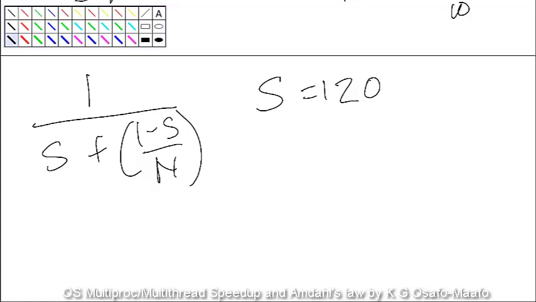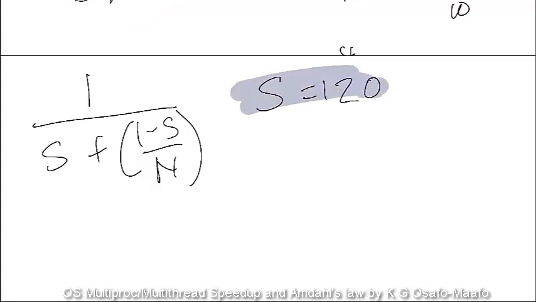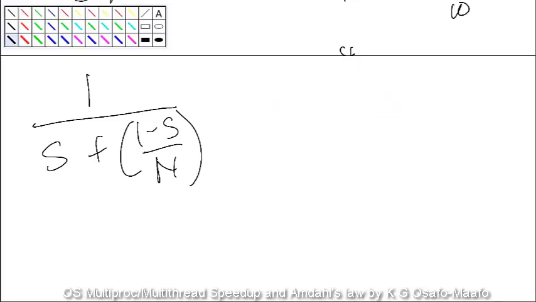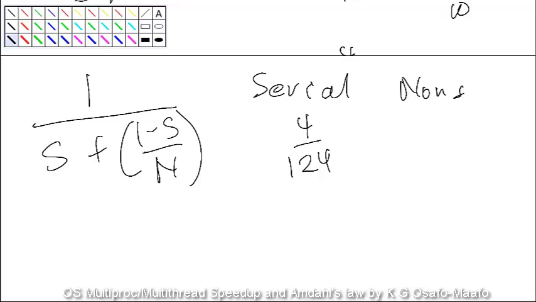Sorry, not 120, sorry. Sorry, not shared. S is the serial. Right. So our serial part is, right, and then our non-serial part, that's the parallel part.